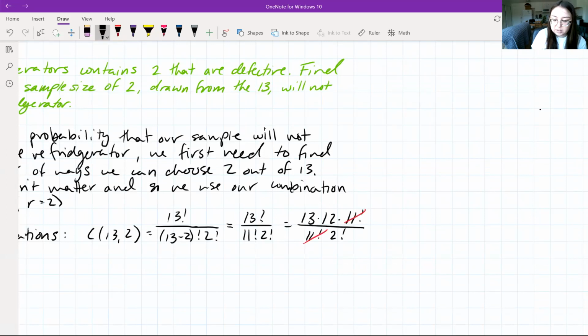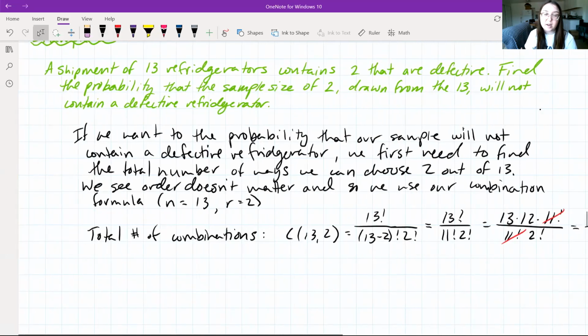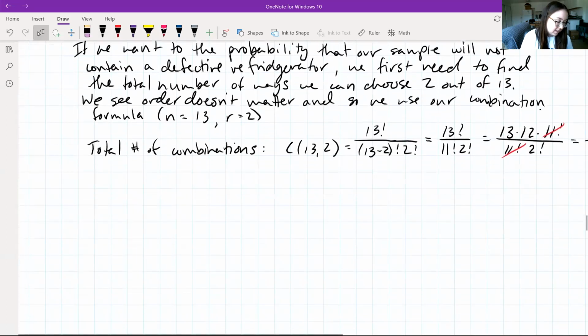Our 11 factorials cancel, and we get 13 times 12 divided by 2 times 1. This gives us 78. So we have 78 total combinations of picking 2 out of 13 refrigerators.